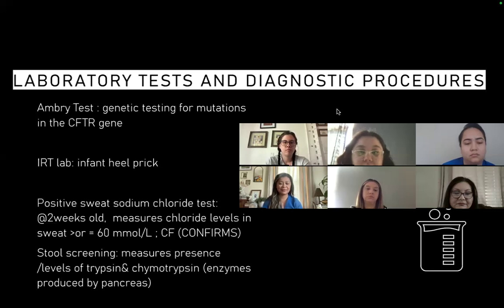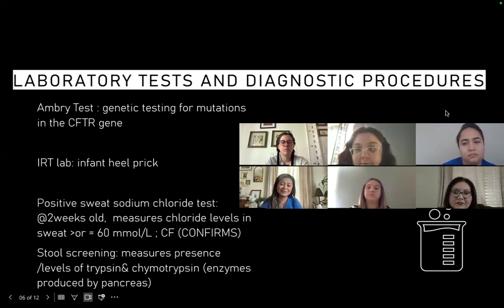It'll be greater than or equal to 60. Don't know what that stands for, sorry guys. But that's what it confirms. And then stool screening measures the presence and levels of trypsin and chymotrypsin, which are enzymes produced by the pancreas. Those will be low, and the stool will be a whitish, grayish color.